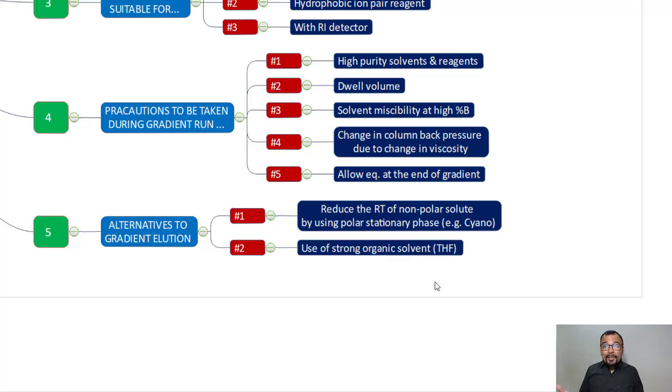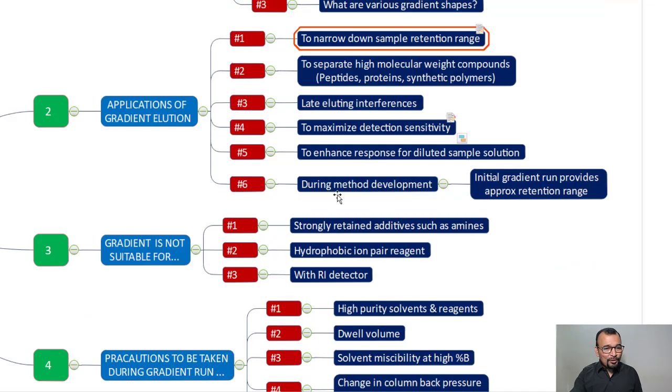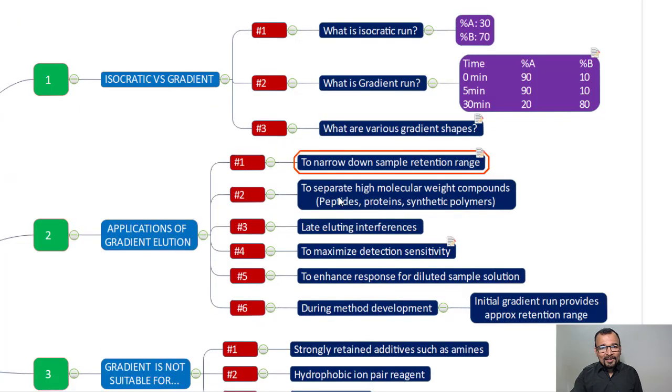Another option could be the use of a strong organic solvent like tetrahydrofuran or THF. But also understand whether you are going to miss the resolution of the early eluting peaks while using THF.